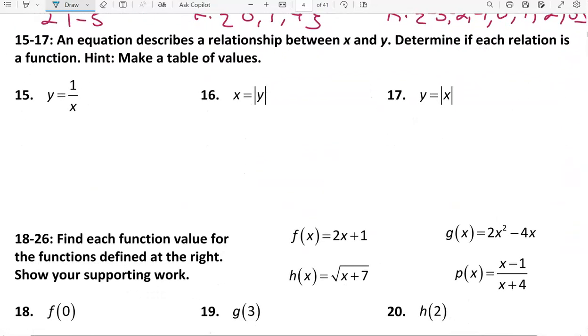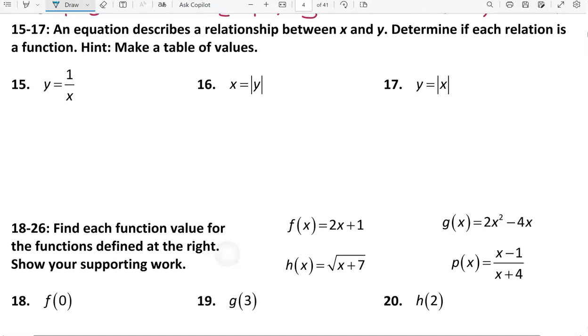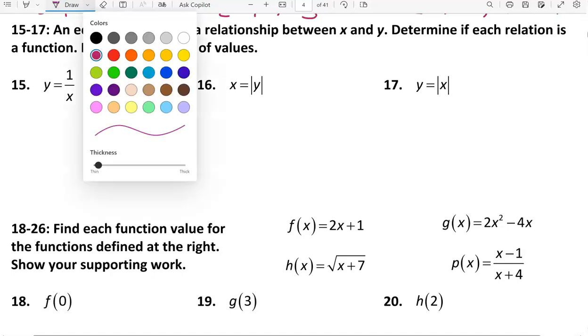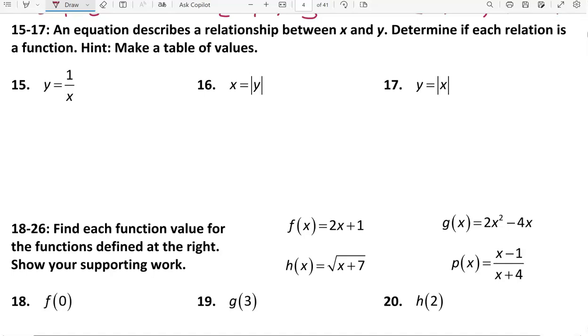In number 15 through 17, an equation describes a relationship between x and y. We're to determine if the relation is a function, and the hint is we're going to make a table of values like we did in the exercises above. So, for instance, in number 15, if x is -2, y is -1/2.